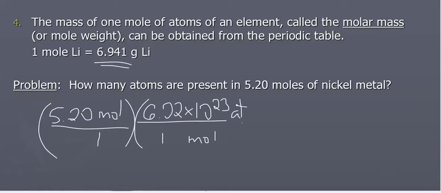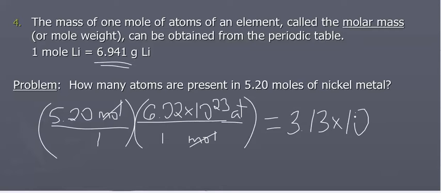I know in this case we're looking at nickel, but any element has 6.02 times 10 to the 23rd atoms in 1 mole. So multiply those across, number of nickel atoms: 3.13 times 10 to the 24th nickel atoms.